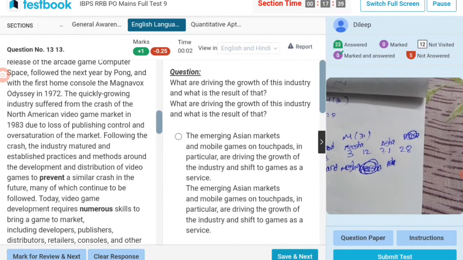What is driving the growth of this industry and what is the result of it?